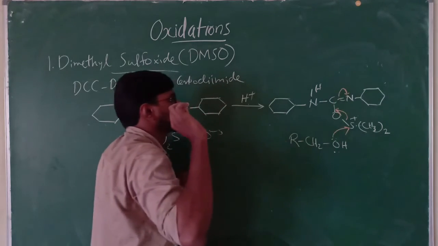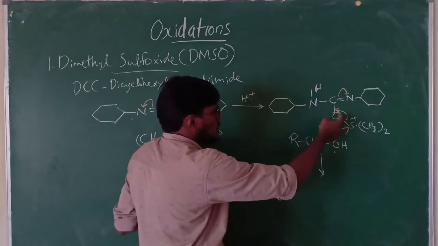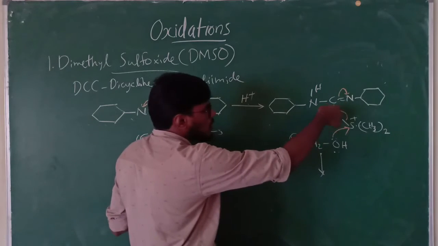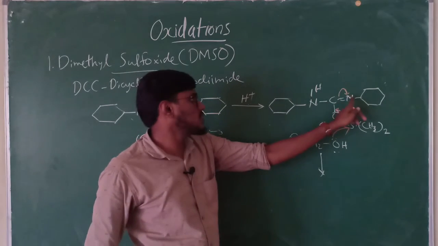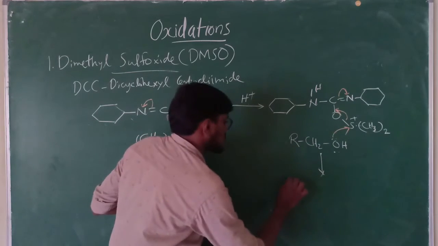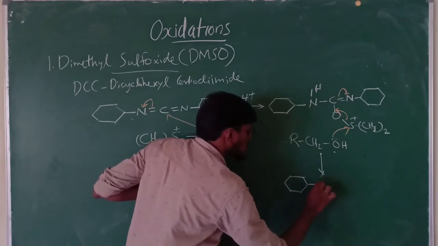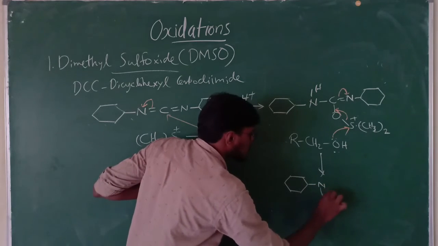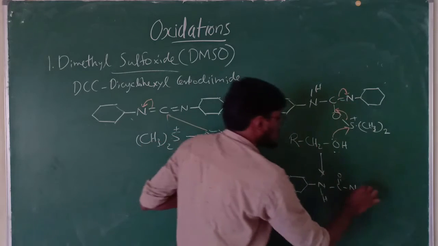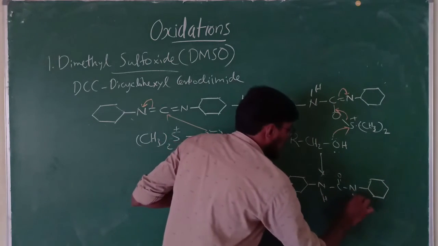Then the bond cleaves here, and here C double bond O forms. This bond shifts towards this one, they attach an H plus ion, then forms a compound like this, NH, C double bond O, NH.